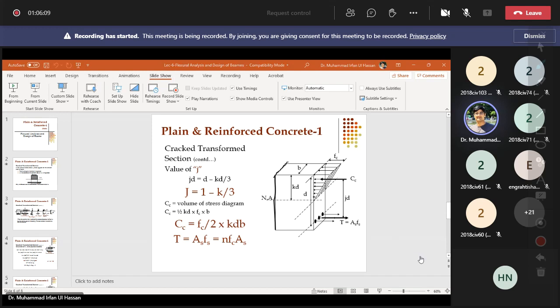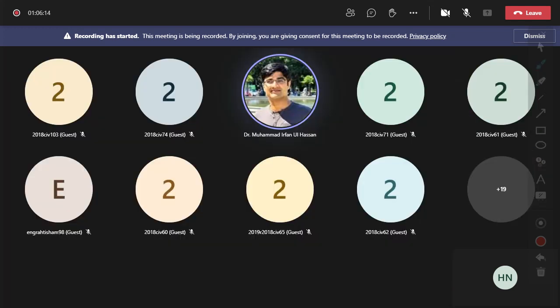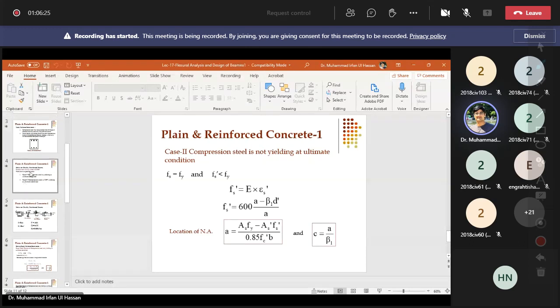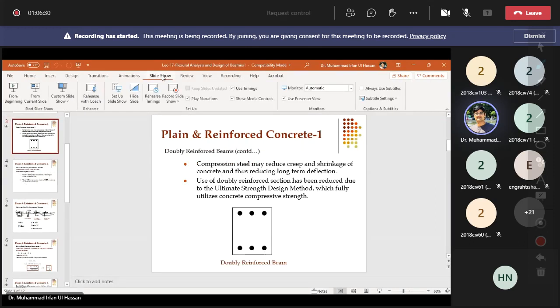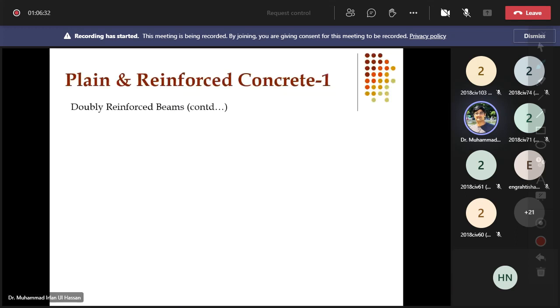When your depth is restricted and you design the beam, the depth provided is less than the D minimum required. In that case, this will become a doubly reinforced beam. You can see here, can you see the slides? Yes, sir.